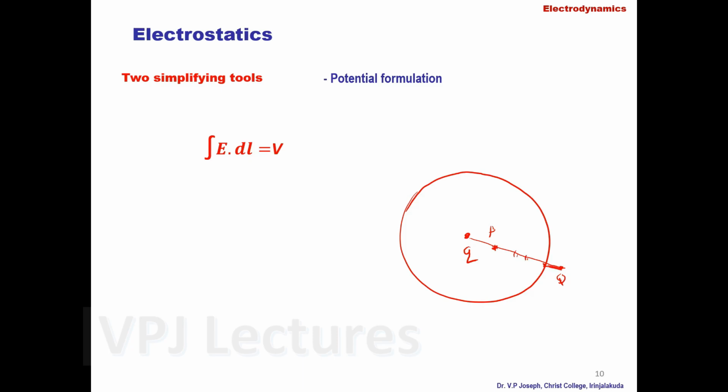And for any small distance dl, with the electric field E, the work done is equal to E dot dl.